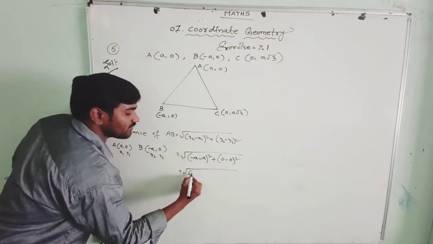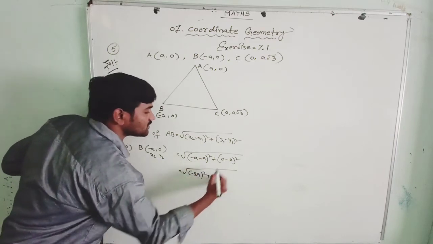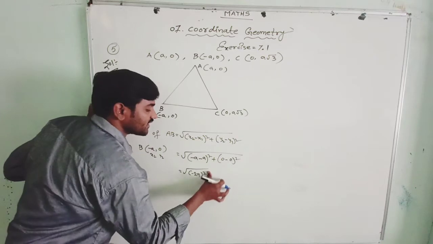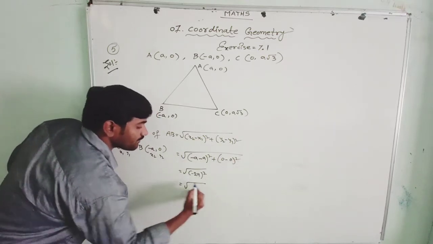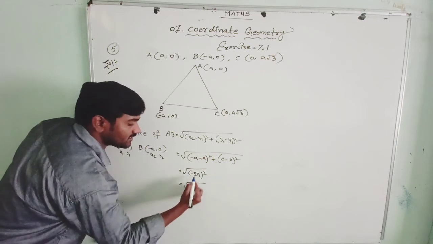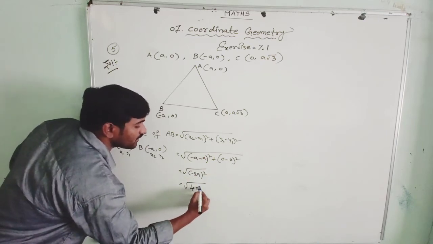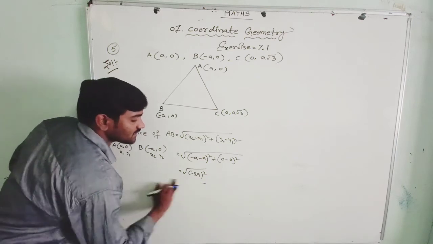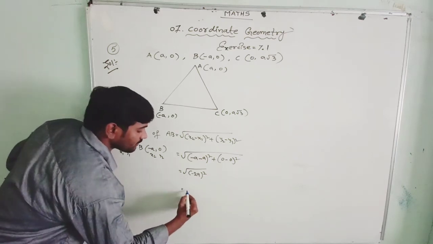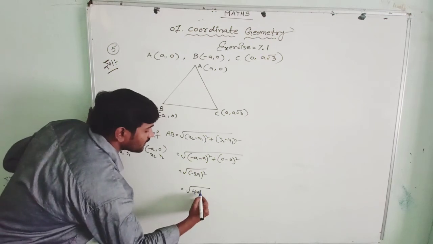Minus a minus a is minus 2a, whole square, plus 0 minus 0, which is always 0. This you can neglect now. Minus 2a whole square is 2 square, value 4, and a square, so 4a square.